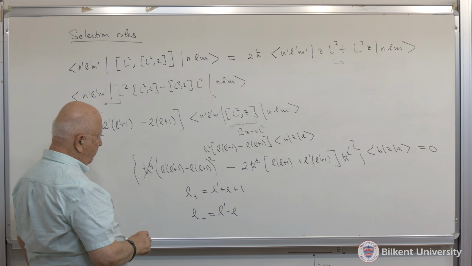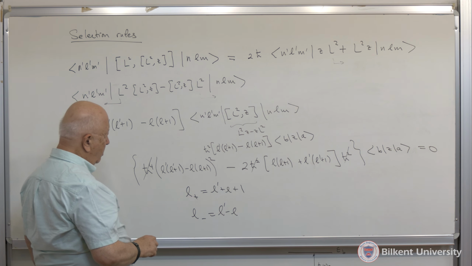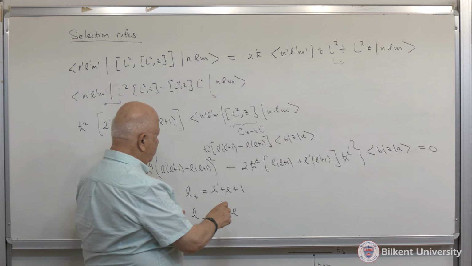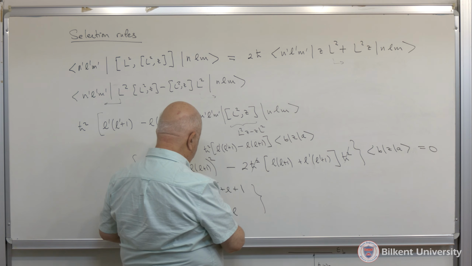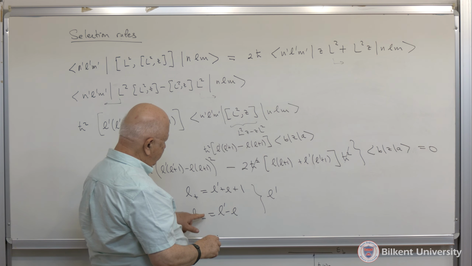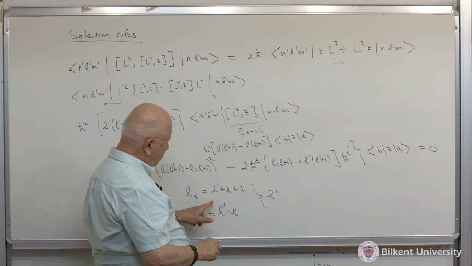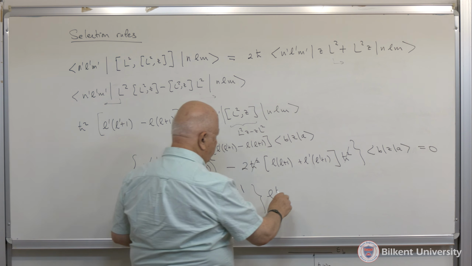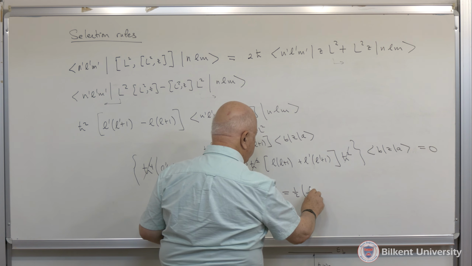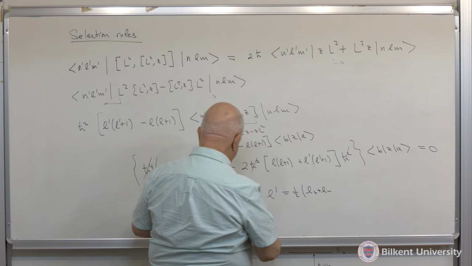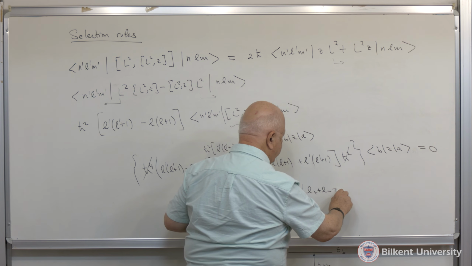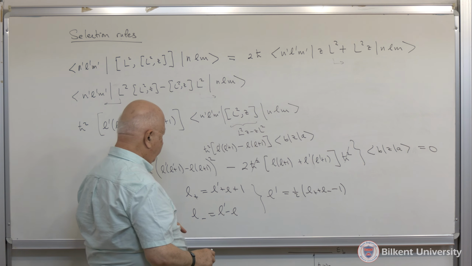So if I have something like this and use these instead of those, what does that mean? I really have to solve these things for l and l prime. So you see l prime I can obtain by just adding these two and subtracting 1 and dividing by 2. So it's 1 over 2. Add these things together, L plus and L minus. So the l's cancel, but I have 2 l prime plus 1. So let me subtract that 1, and that's what I have.